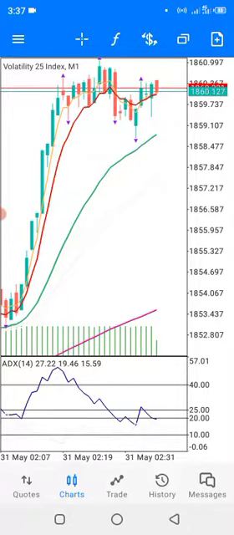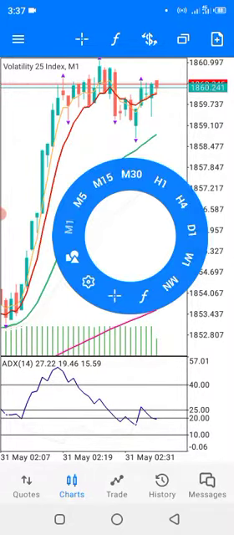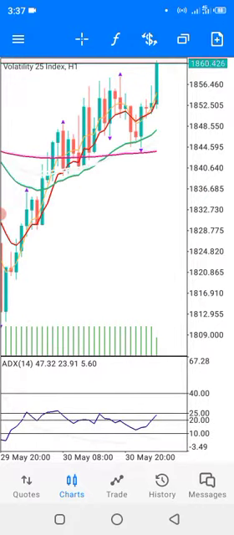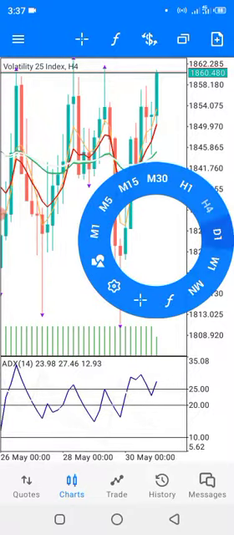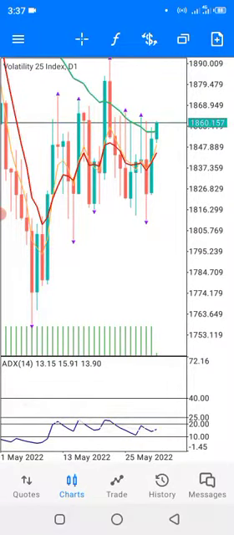So always remember to check the higher time frame, check the 1 hour time frame, check the 4 hour time frame, and as far as the daily time frame, to get a clearer picture of trend direction before going into placing any trade.